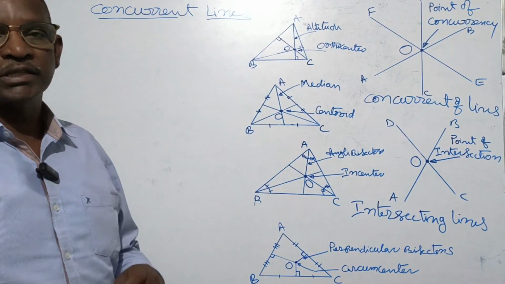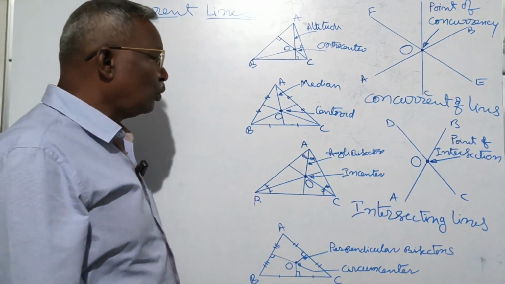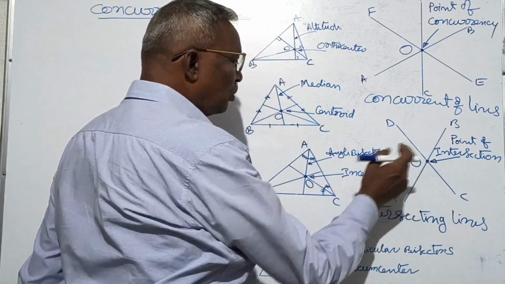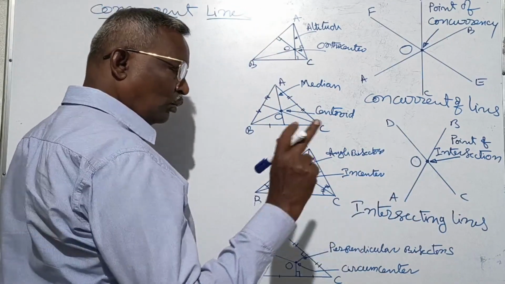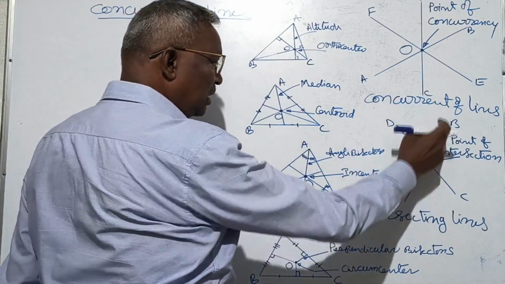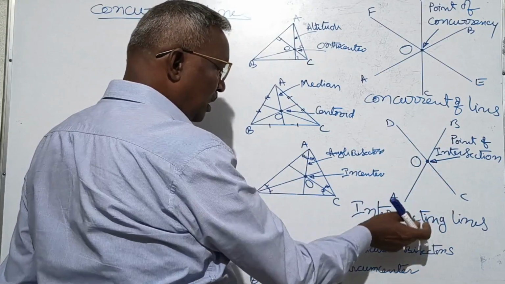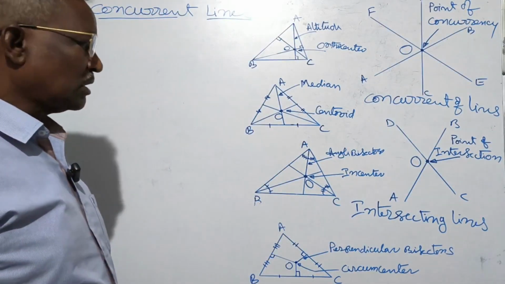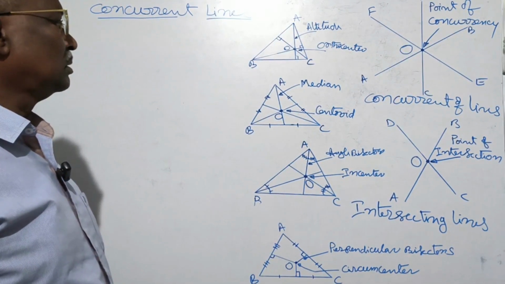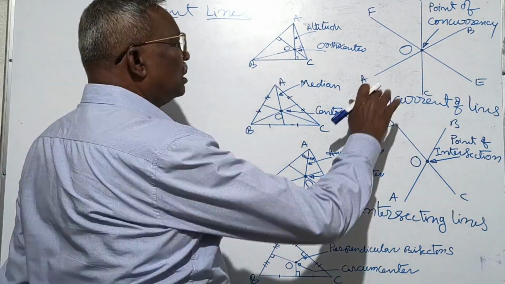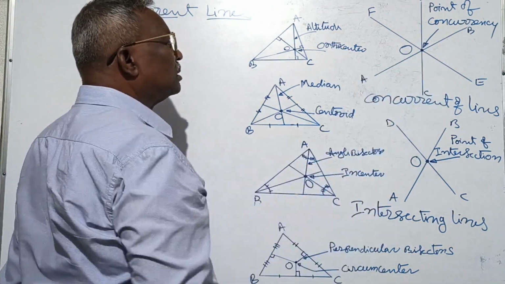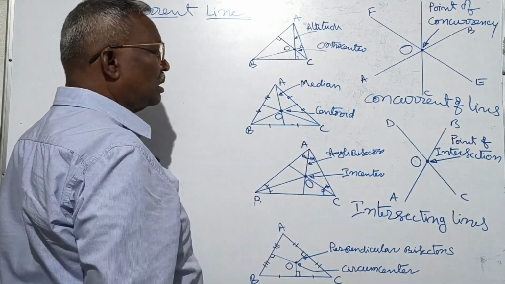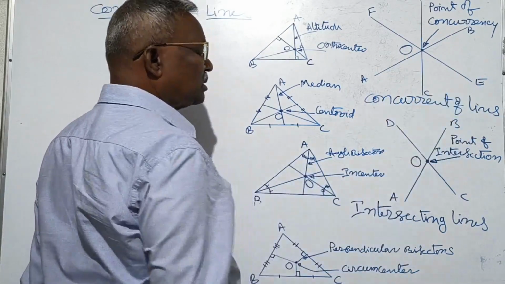If two lines are passing through a single common point, they are called intersecting lines. Whereas three or more lines passing through a single common point are called concurrent lines.